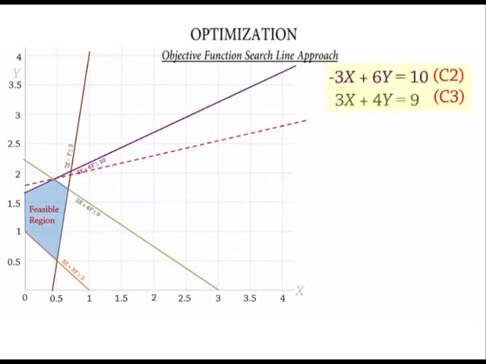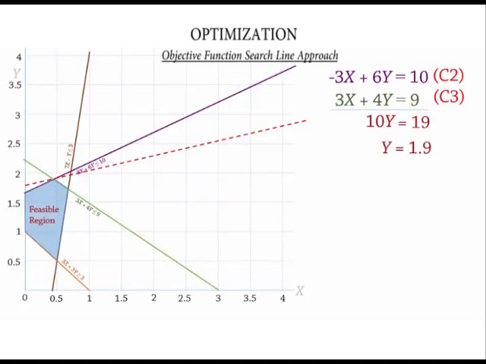These are the equations. We use elimination because the coefficients of x are 3 and minus 3. If we add the two equations, we will eliminate x. Minus 3x plus 3x is equal to 0. 6y plus 4y is equal to 10 plus 9, which is 19. Y is equal to 1.9.